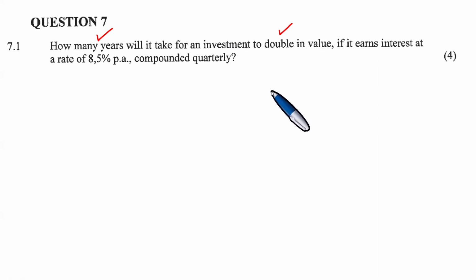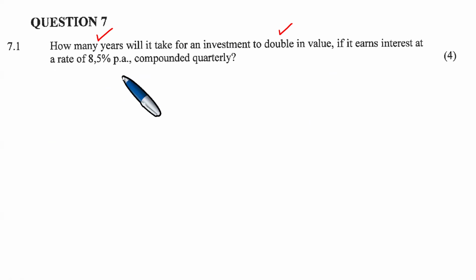What do you think about this question? Are you able to see the question? Let's read together. How many years? Okay, how many years will it take for an investment to double in value if it earns interest at a rate of 8.5% per annum compounded quarterly?